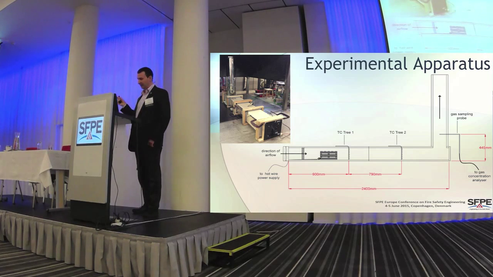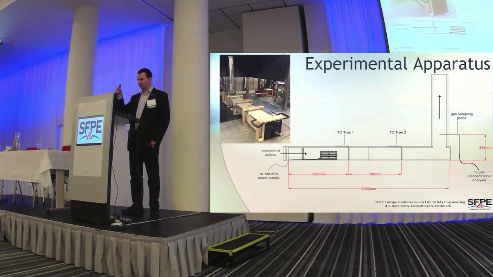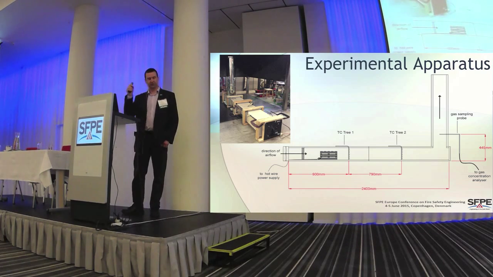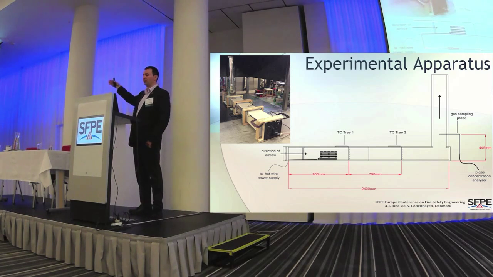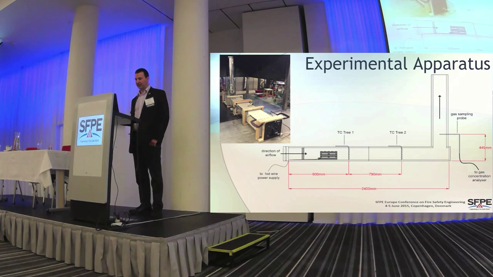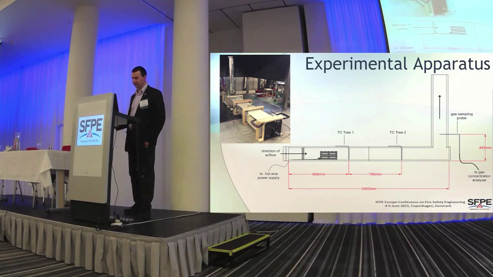You can also see in the image there two thermocouple trees. I think we had 8 measurement points, or maybe it was only 6, on each tree. One just behind the fire, one further down the tunnel. We made sure that there was sufficient flow of oxygen that all the combustion gases and all the products of combustion were going along the duct and flowing up the chimney.